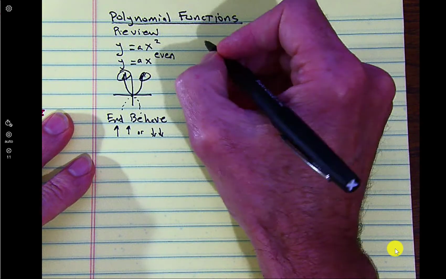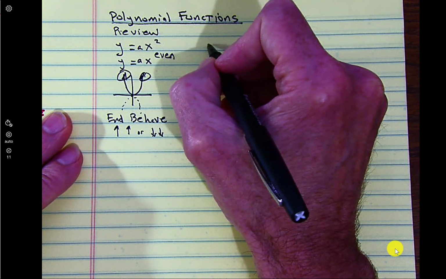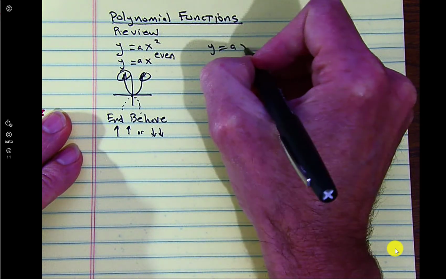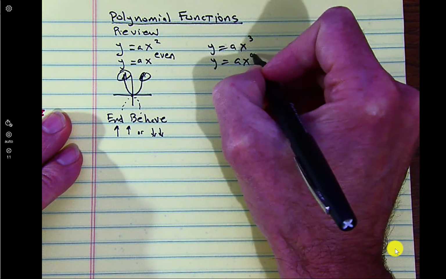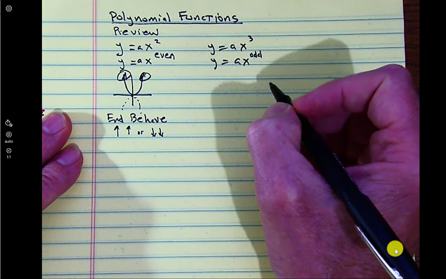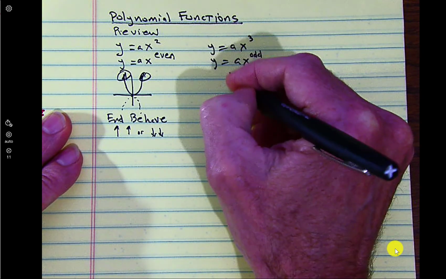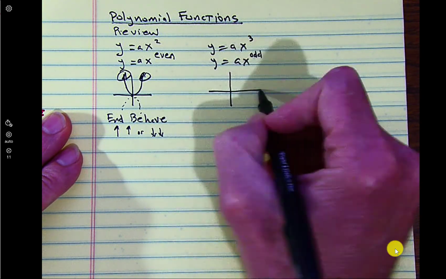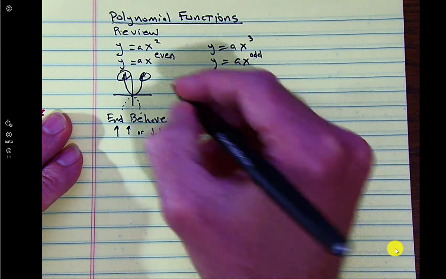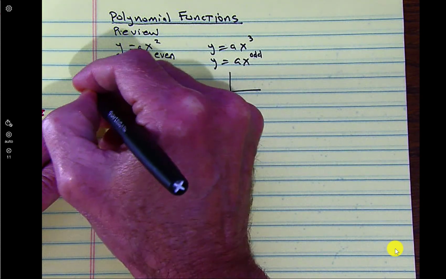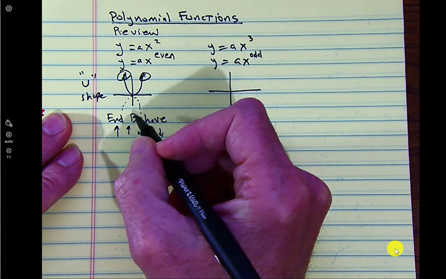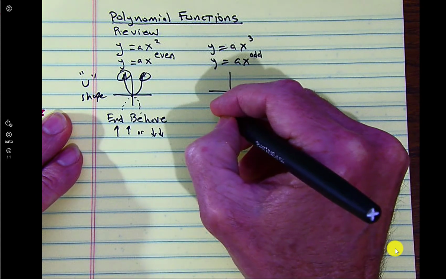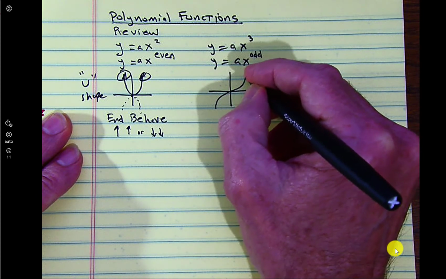But we also have power functions that are odd, like y equals ax to the cube power, y equals ax to any odd power. And when we graph those, we get a certain characteristic shape. We call these the U shape. And these have a shape that we were referring to as a chair shape.